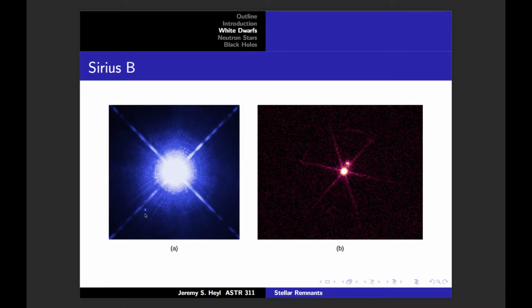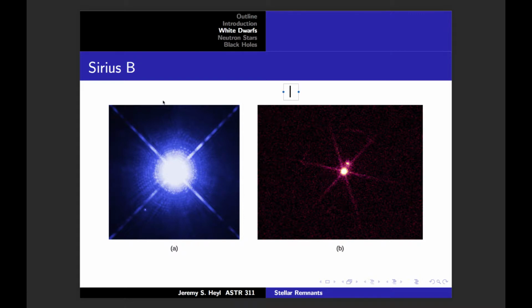So this star was a puzzle, like what is holding it up? And it turns out it's a white dwarf. This other picture shows it in the X-rays, where in fact the white dwarf is the brighter object. So this is called Sirius B, because Sirius A is the bright star.